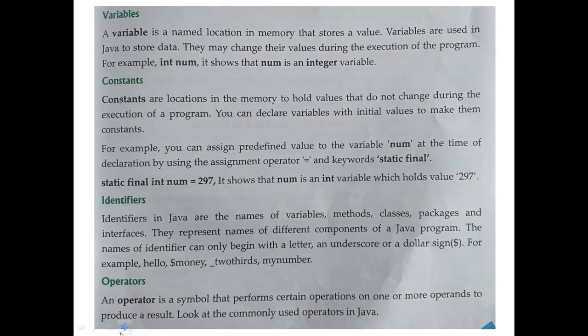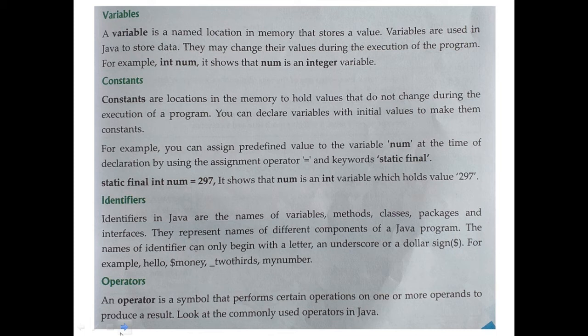Now see, children, some important tokens like variables. Actually, we write int a is equal to 10. Here a is a variable. A variable you can say is a container. It's a named location in the memory that stores a value.